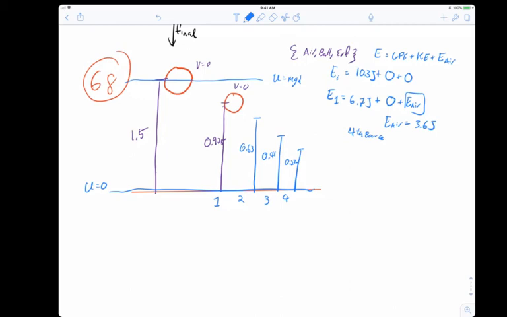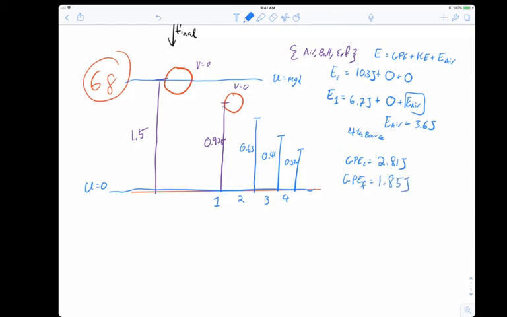So on the fourth bounce, the gravitational potential energy initial is 0.41 times 9.81 times 0.7. And the gravitational potential energy after the bounce is 0.27 times 9.81 times 0.7, 1.85 joules.